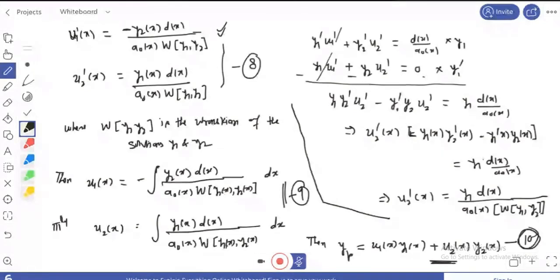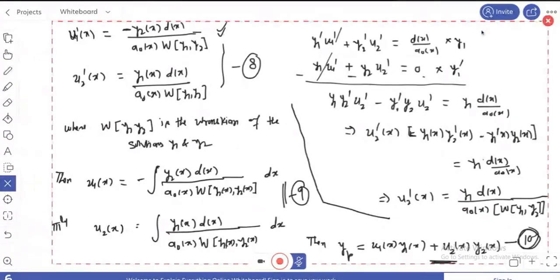Okay, so now the next topic is system of linear differential equations.